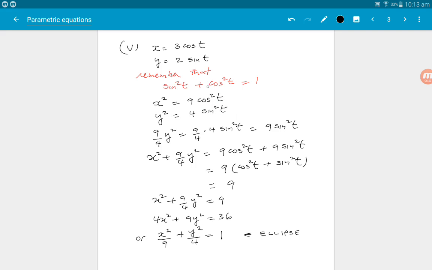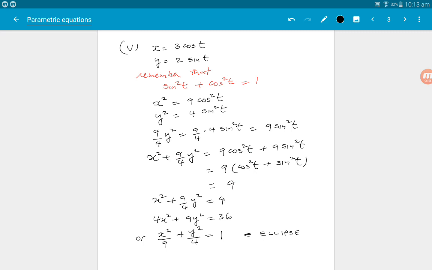And I want to get some expression with cos squared and sine squared and the same coefficients before it. So if I take 9/4 of y squared, it comes out to 9 sine squared t. And so if I add x squared plus 9/4 y squared, as you can see here, that comes out to 9. There's my expression.